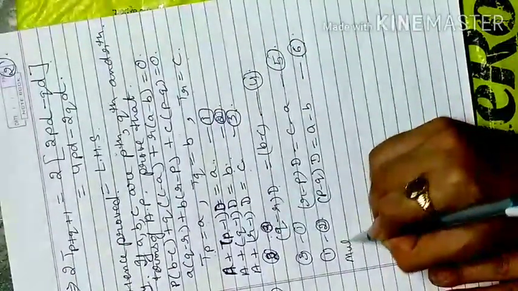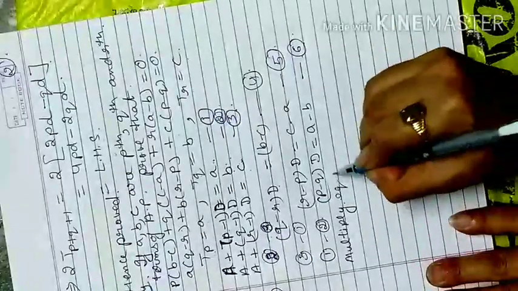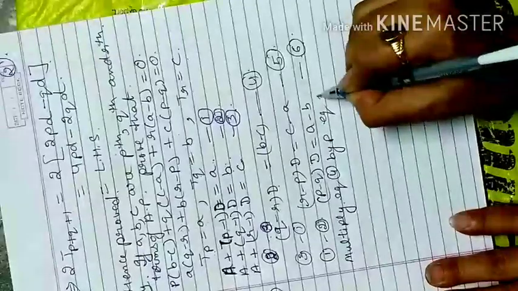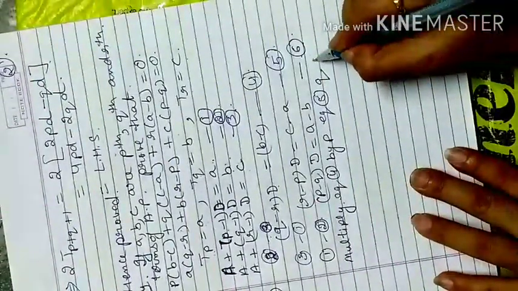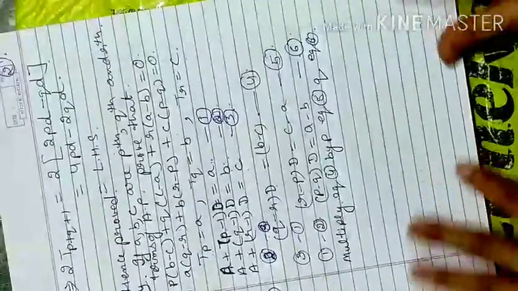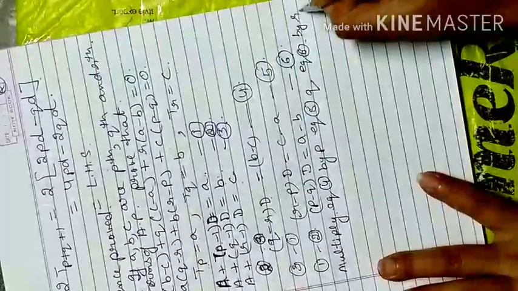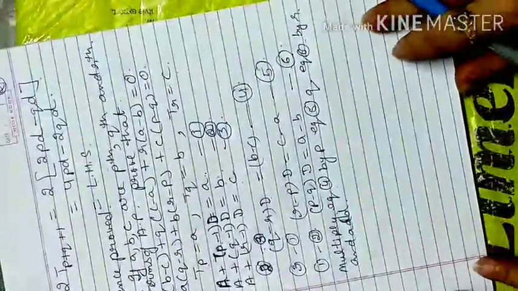Now first you write: multiply equation 4 by p, equation 5 by q, and equation 6 by r, and add. I write everything in one step.